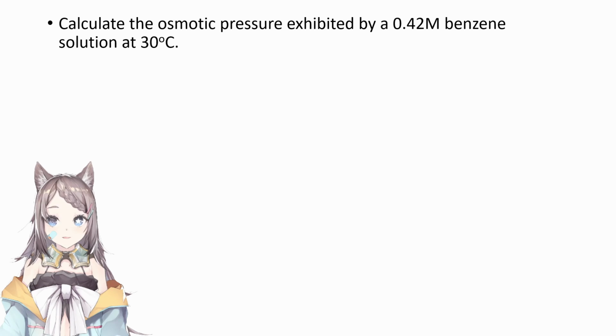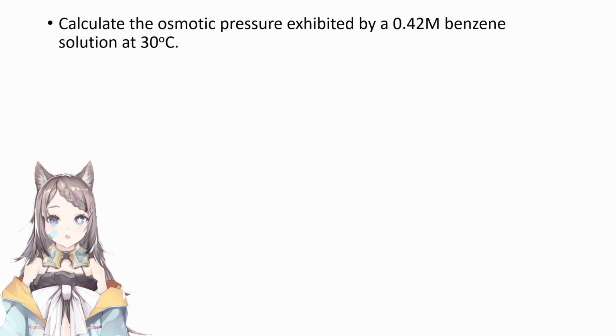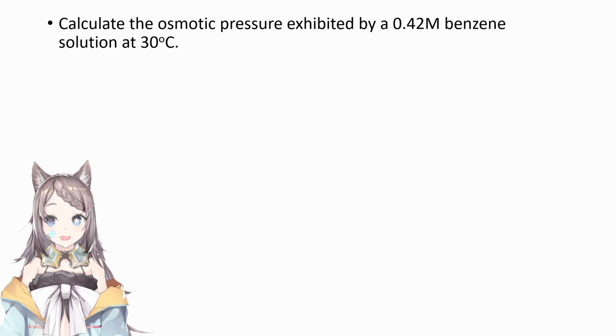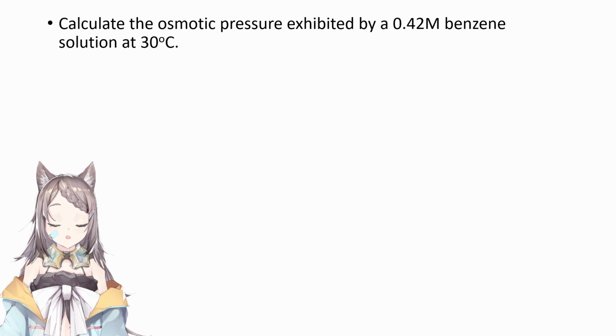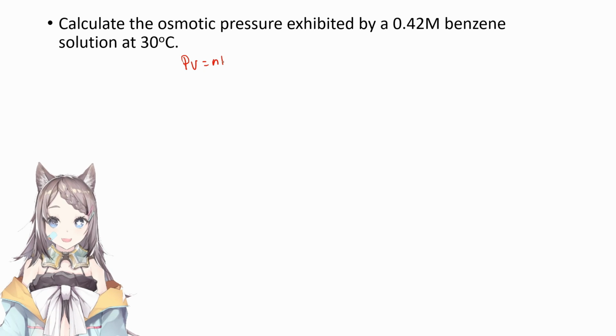Okay, for our next problem, this will cover our osmotic pressure. Calculate the osmotic pressure exhibited by 0.42 moles of benzene solution at 30 degrees Celsius. So, what is our formula for osmotic pressure? It could be PV equals nRT, or it could be P equals CRT.